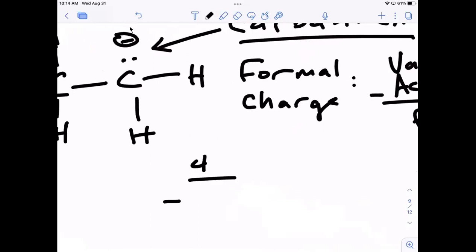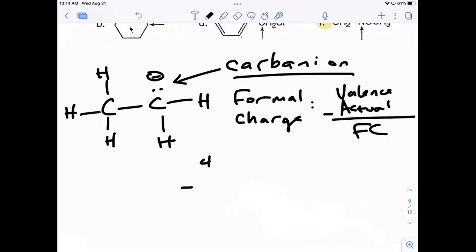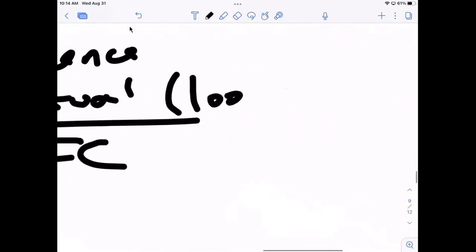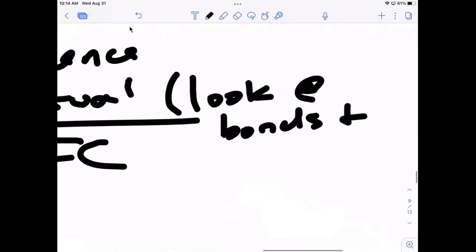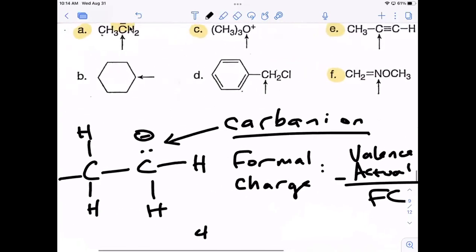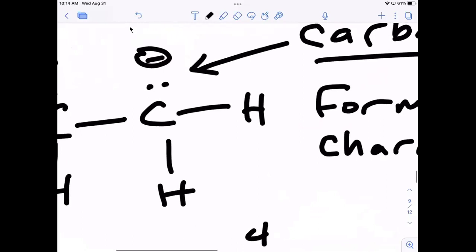Then if we look at the molecule itself, that's how we get the actual. We look at the bonds and lone pairs. The actual is half of each bond plus any lone pair.